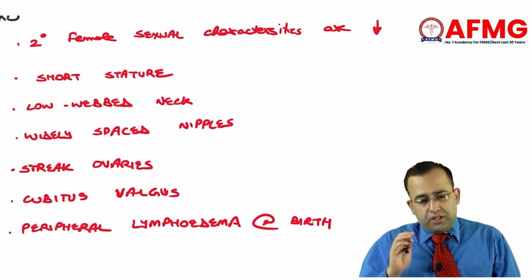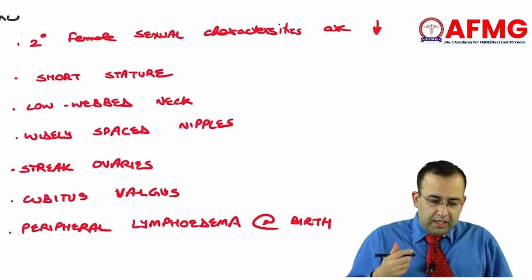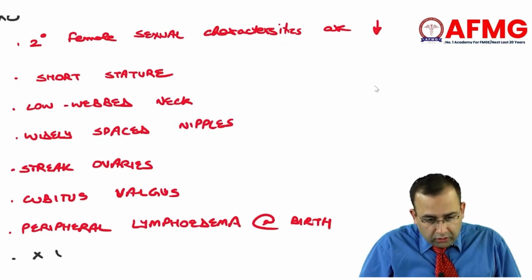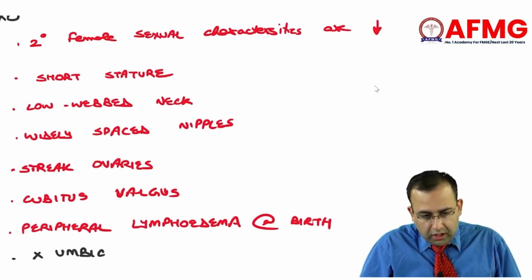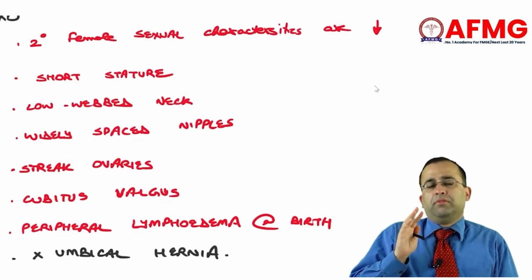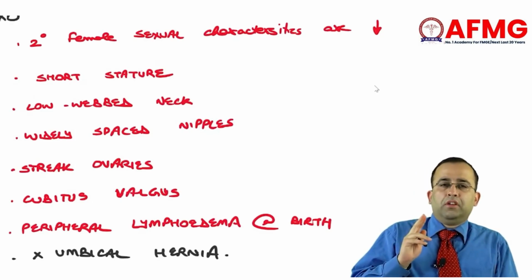So let us see the questions associated with this. First, tell me, is it associated with umbilical hernia? No. Turner's is not associated with umbilical hernia. Umbilical hernia is a feature of Down syndrome, not Turner syndrome. Next point.